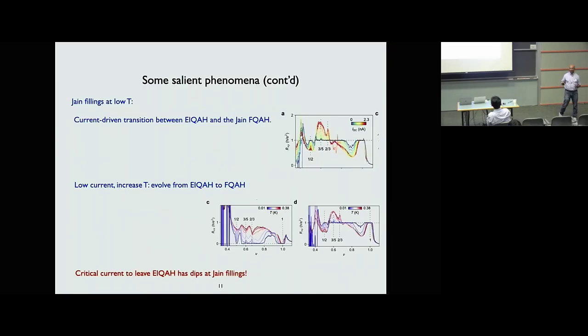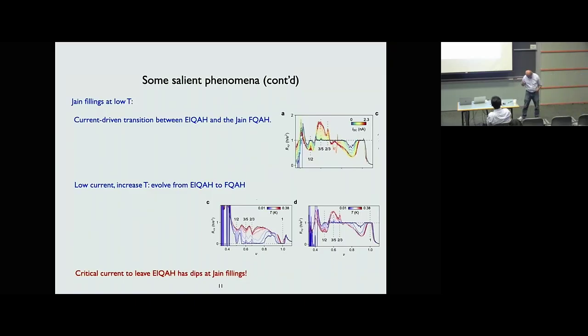If you sit at the Jain fillings, p over 2p plus 1, between fillings half and 1, then there's a current-driven transition between this extended quantum anomalous Hall effect and the fractional quantum anomalous Hall effect, right? At the lowest temperature.